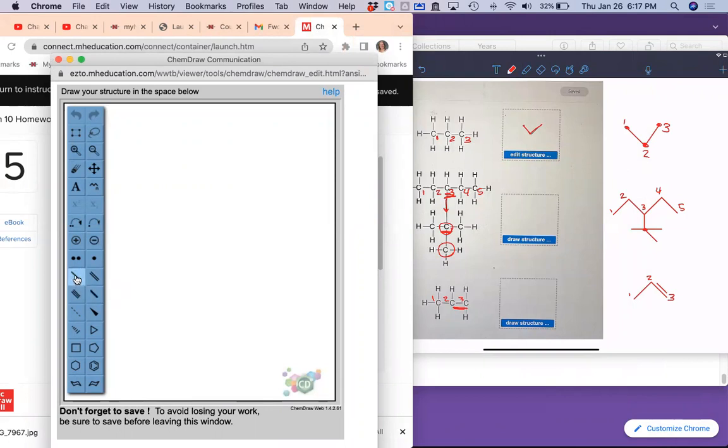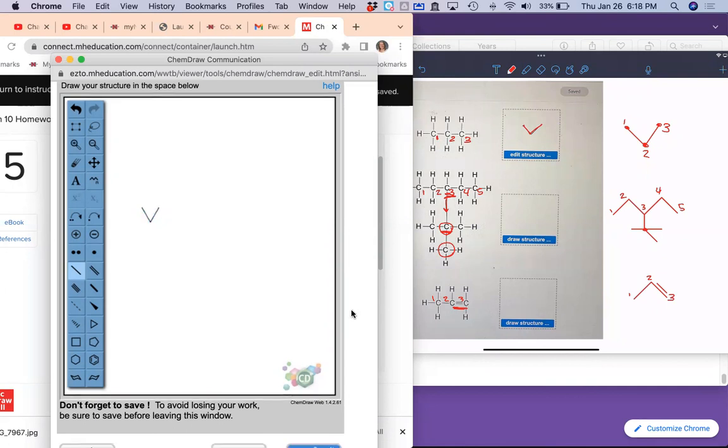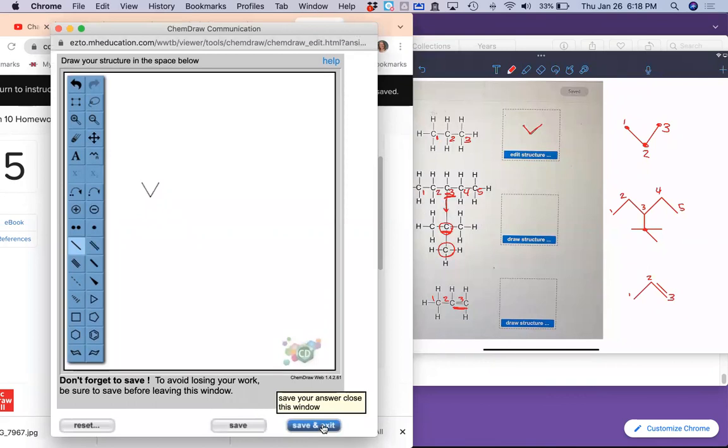So I'm going to pick the single bonds and I'm going to draw 1, 2. Now you see how that blue square lights up? That blue square tells you that the next line you draw is going to be connected to that atom, right? So I have 1, 2, 3 carbons. So that one's done. Super, super easy, right? Okay, so now save and exit.